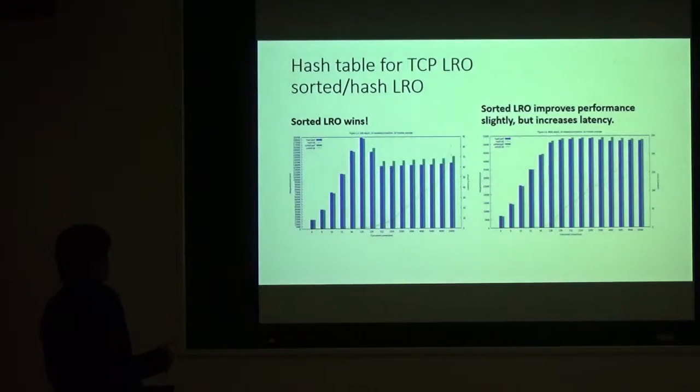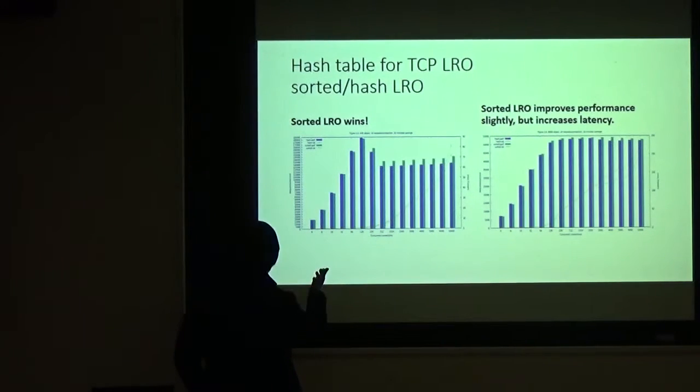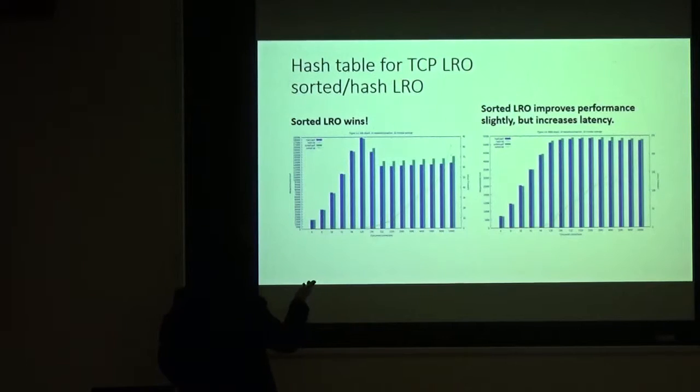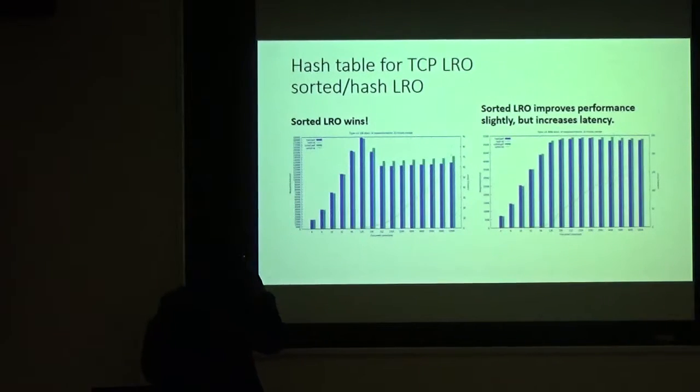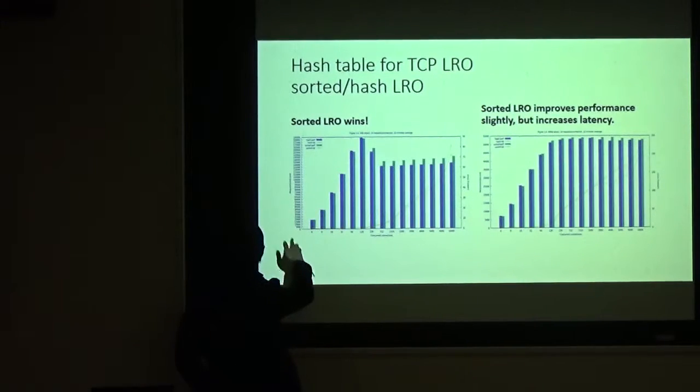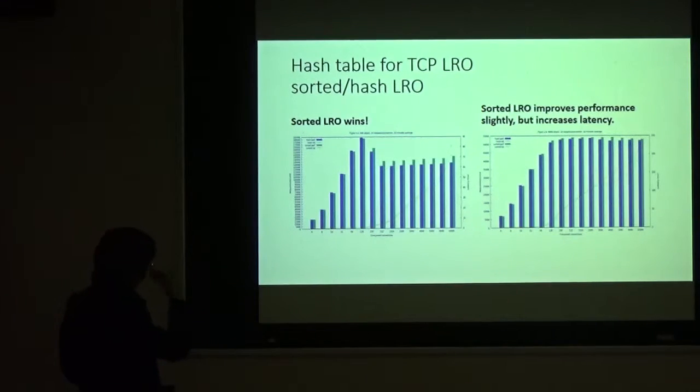For example, as we can see in this picture, 14 requests per connection, I think it's for 1 kilobyte object. In the first picture, it's quite obvious the sorted LRO is the winner. Its latency is lower and the performance is noticeably higher.